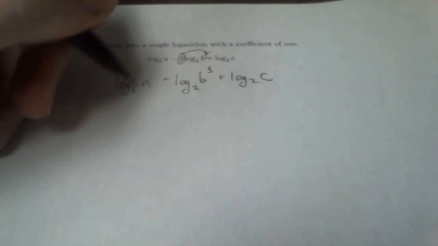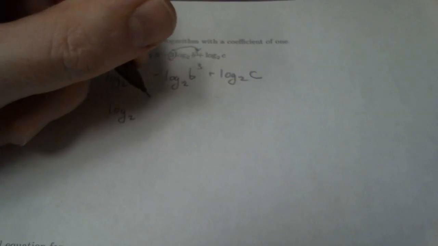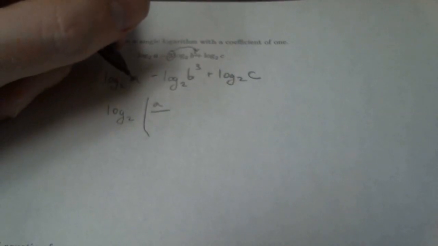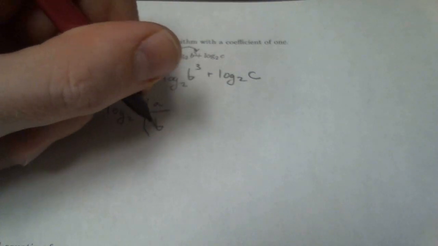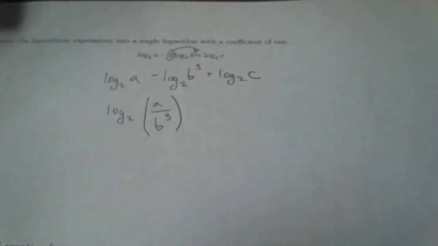The next step is we're subtracting 2 logarithms. When you're subtracting 2 logarithms, you can rewrite that as a single logarithm of the quotient. The first number is going to be up top, and the value you're subtracting is going to be the denominator of your fraction.